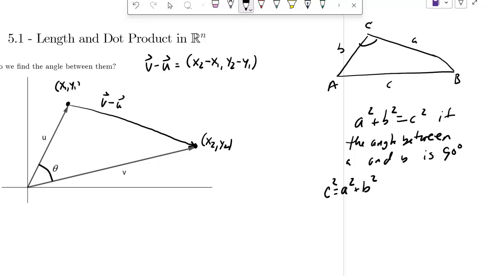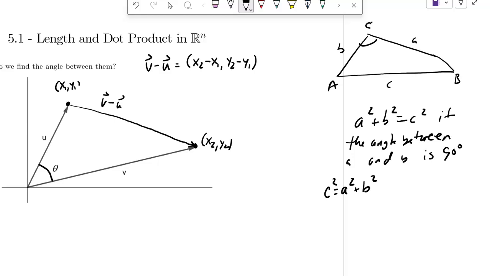So I should be subtracting something off if the angle is smaller than 90. What happens if my angle gets bigger than 90? Does C get bigger or smaller? It widens out, right? The wider the angle, the longer the side's gonna be. So I should be adding something on.